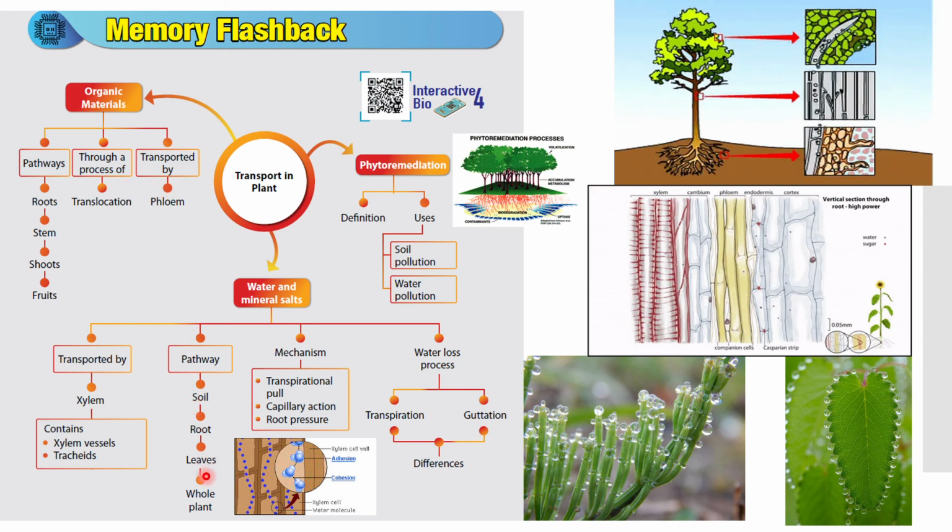We have also looked through these three mechanisms: still remember transpirational pull, capillary action, and root pressure. Also, under water and mineral salts transport, we talk about the water loss process, which is divided into transpiration and guttation, where you have to compare and contrast between these two processes.